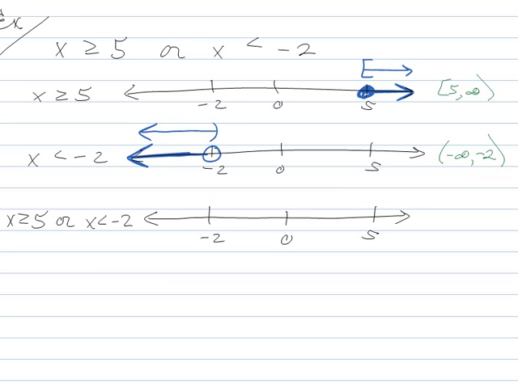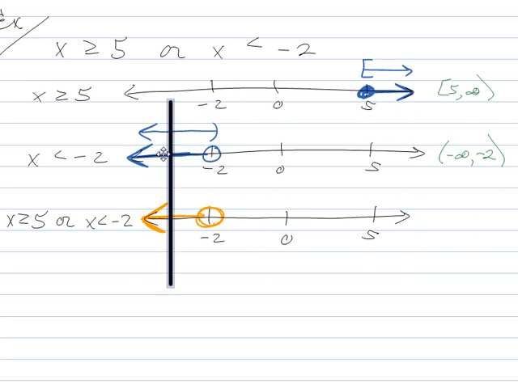Sometimes it helps to take a line and think about moving from left to right. As I go from left to right, I can see that the second one is filled in, filled in, filled in, and then it's open. So that means I want to go filled in, filled in, filled in, filled in, and then open.